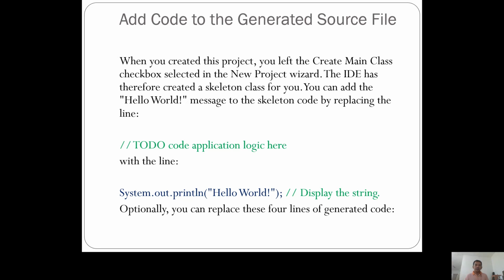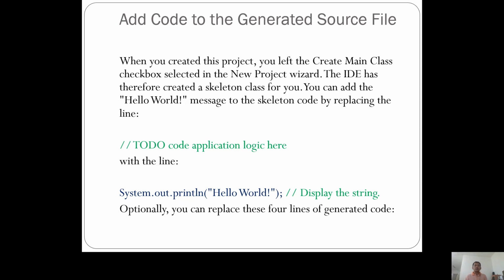You can add the Hello World message to the skeleton code by replacing the line which contains TODO code application logic here with the line System.out.println("Hello World!"); This will display the string.